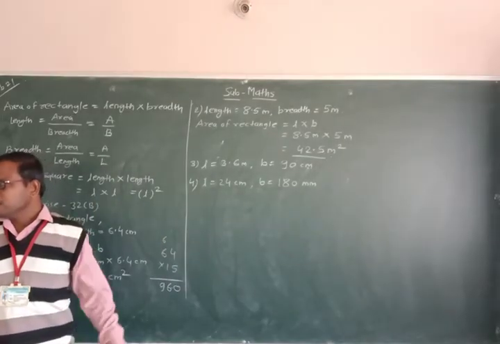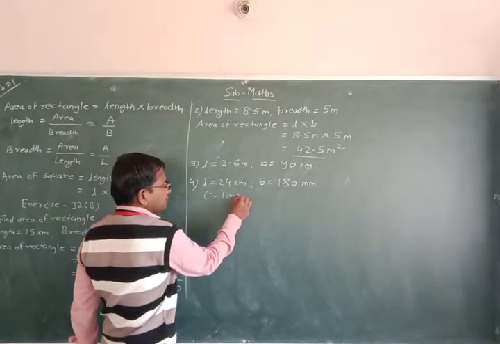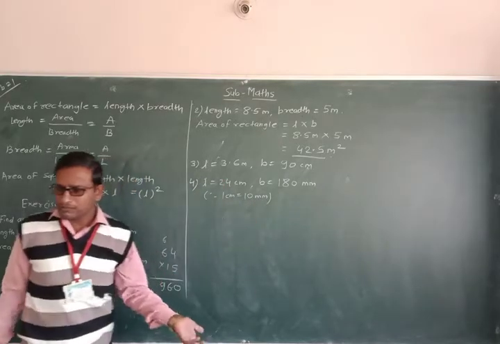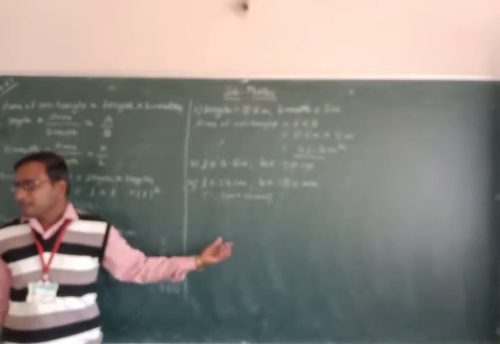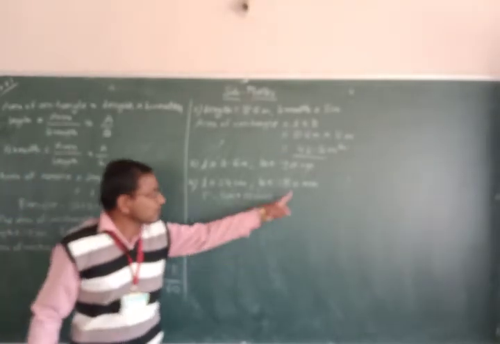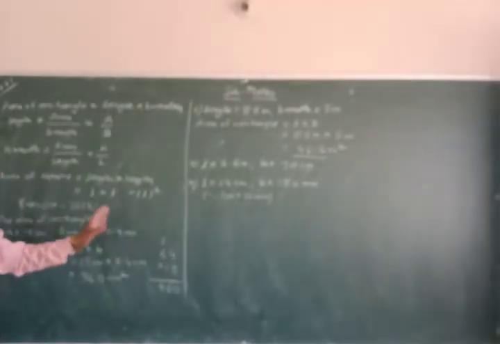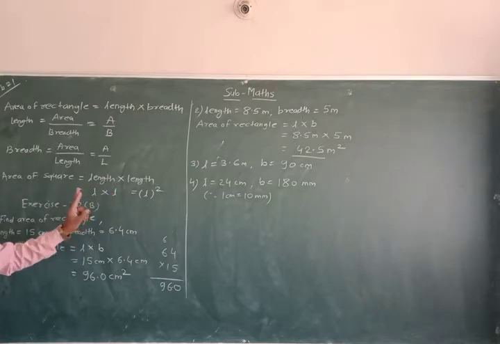Everyone knows this value? Yes. So by using this, centimeter is converted into millimeter. So 24 centimeter multiplied by 10 is 240 millimeter. Now the units are the same. Then again you substitute the value and find the area of rectangle. Understood? Both the examples? Yes.